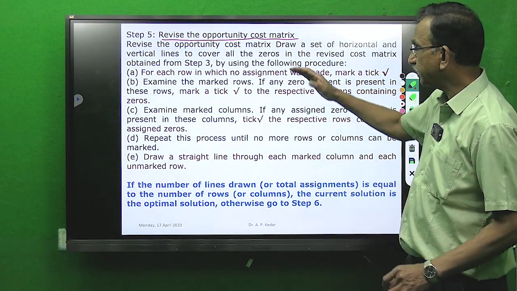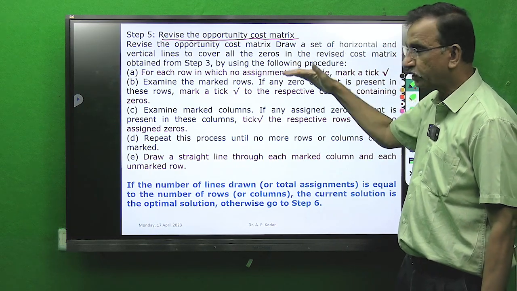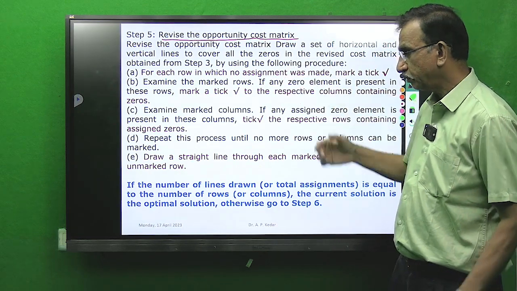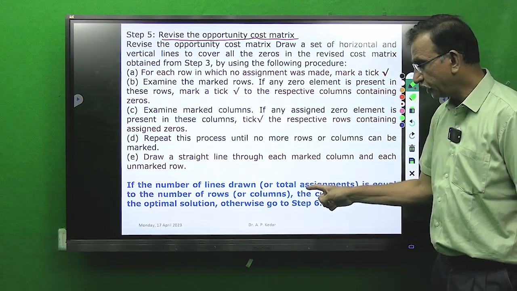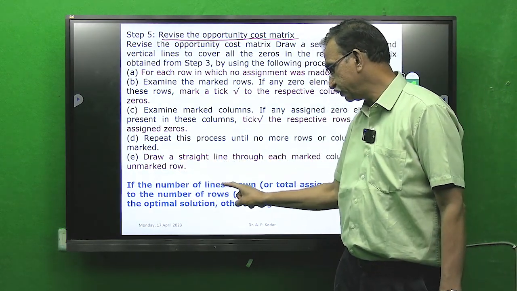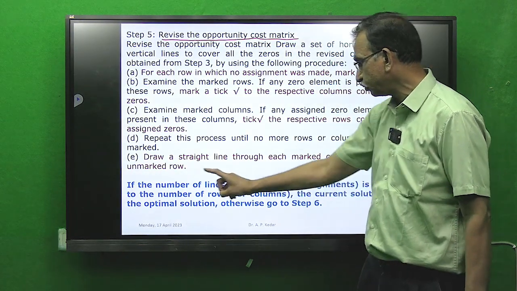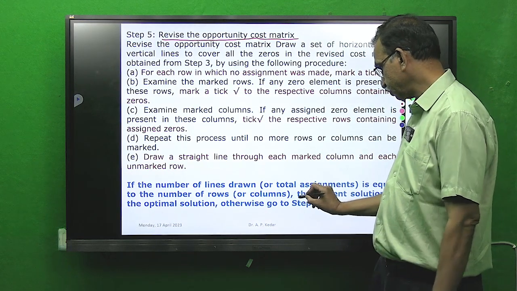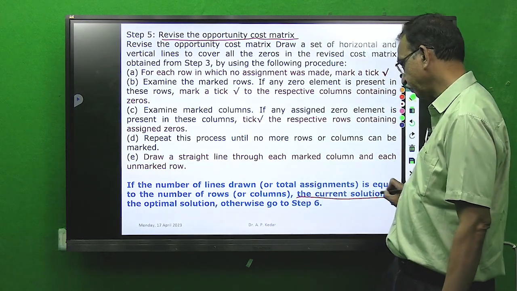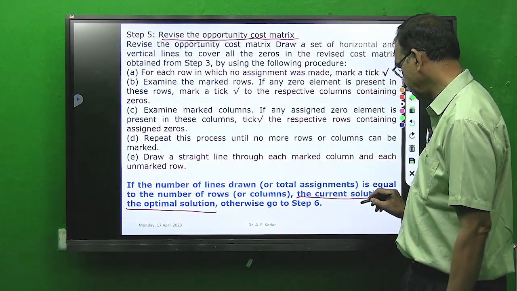I will be explaining each and every step mentioned over here while solving the problem, but you can read in bold blue ink: if the number of lines drawn or total assignments is equal to the number of rows or columns, the current solution is the optimal solution. This sentence you remember.